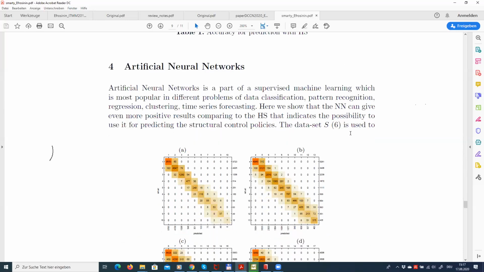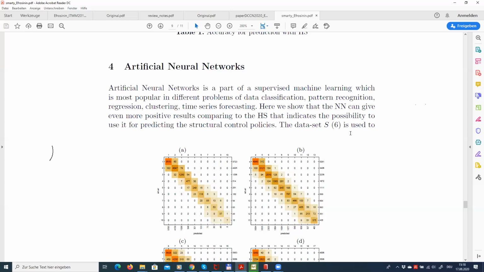Okay, and the last part of the paper is dedicated to artificial neural networks, because I wanted to check if they can be used. It is a very interesting approach because, using artificial neural networks, we can reconstruct some areas for the optimal thresholds if we cannot, for some reasons, calculate them by other methods, or it requires a lot of time.